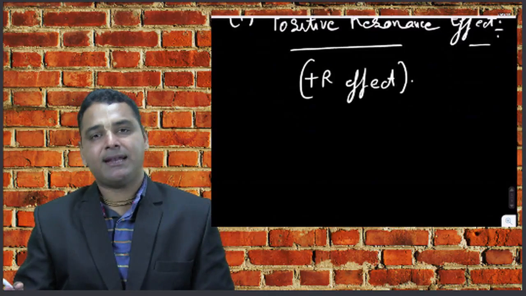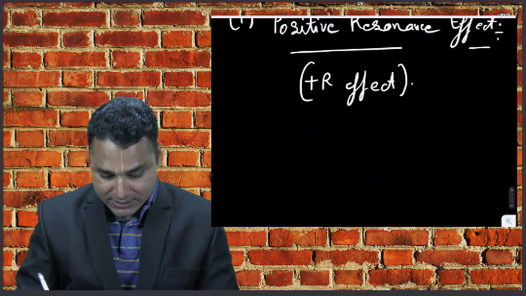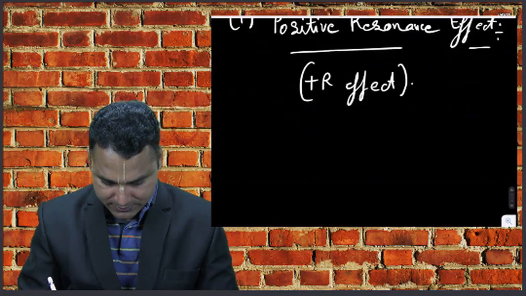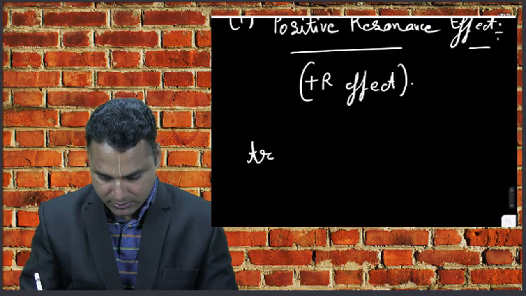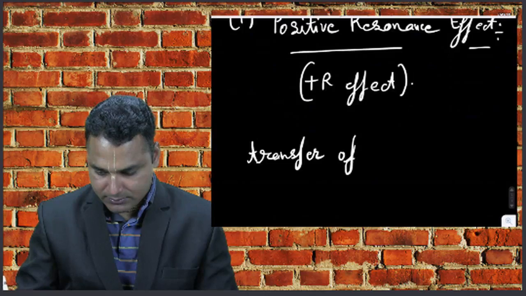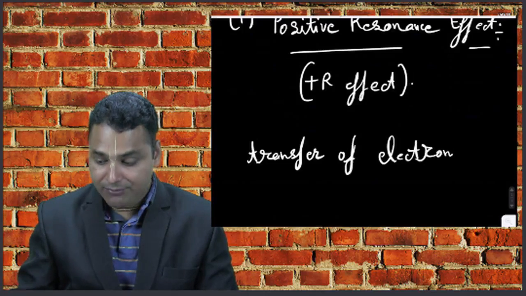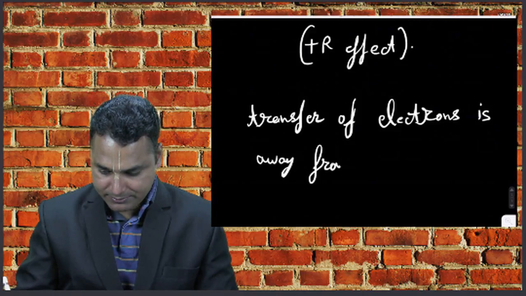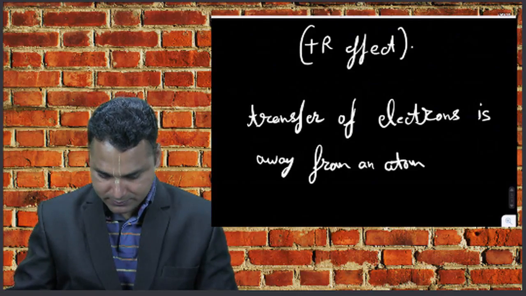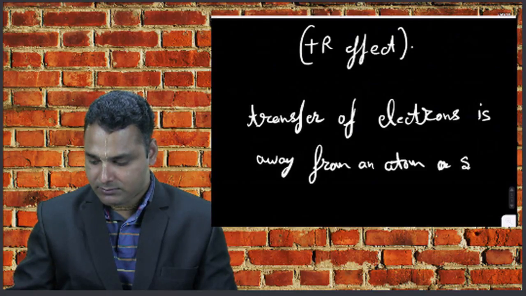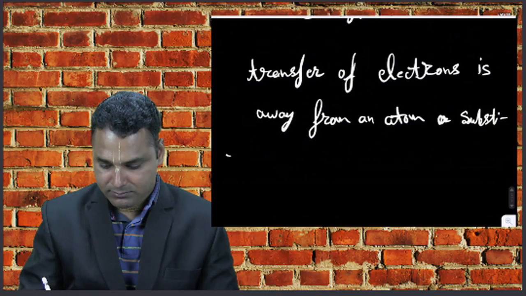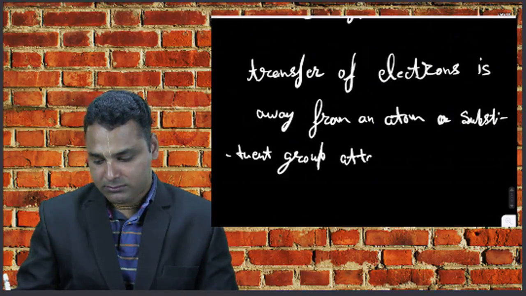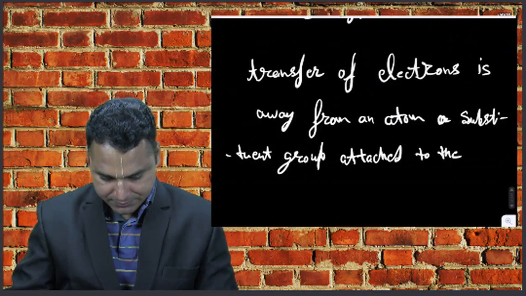The main difference between plus R and minus R is that in plus R the transfer of electrons is away from an atom or substituent group attached to the conjugated system.